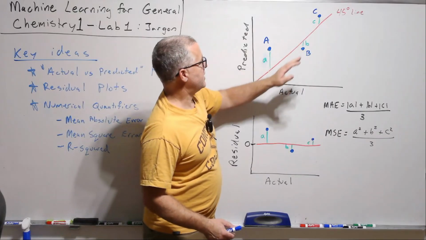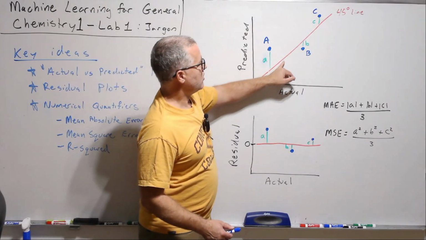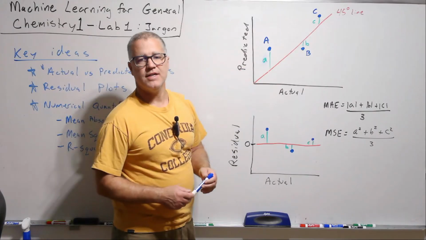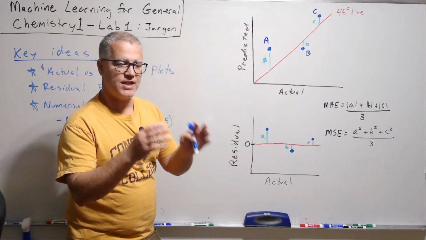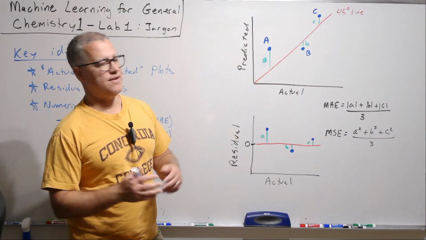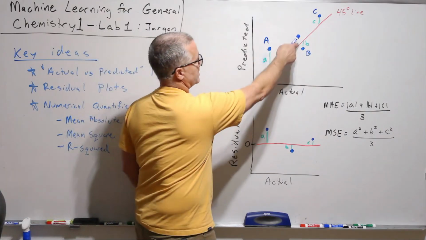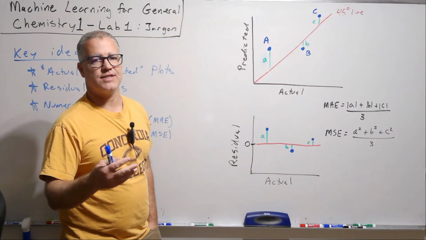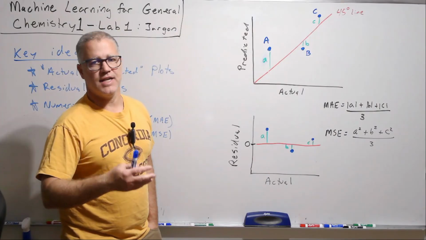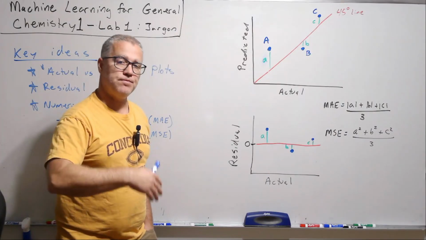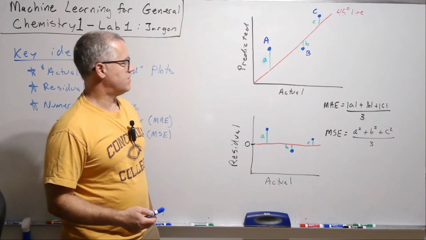All those would be plotted here. In an ideal model, they would all fall on this 45-degree line indicated in red. This means that the predicted value is exactly the same as the actual value. Of course, in real life, that is never going to happen, and there's going to be some kind of scatter about that 45-degree line, and we want to be able to recognize that and evaluate the nature of that scatter, both with pictures and also quantitatively.